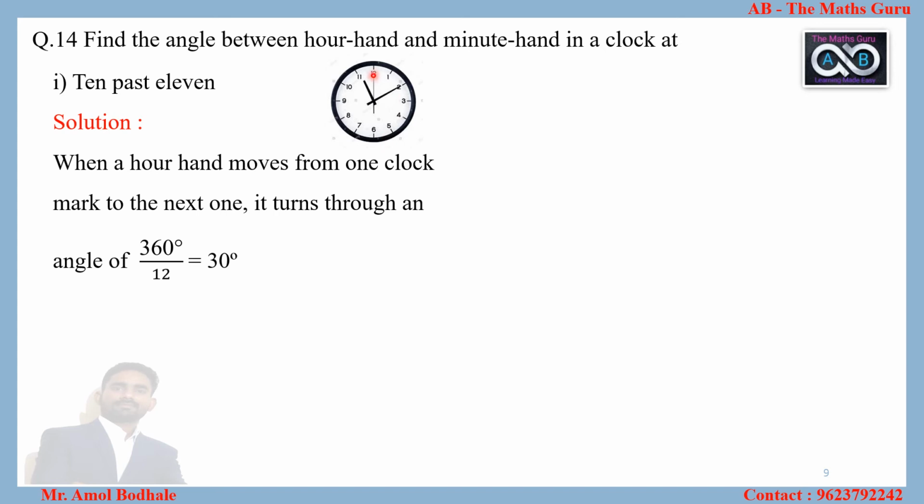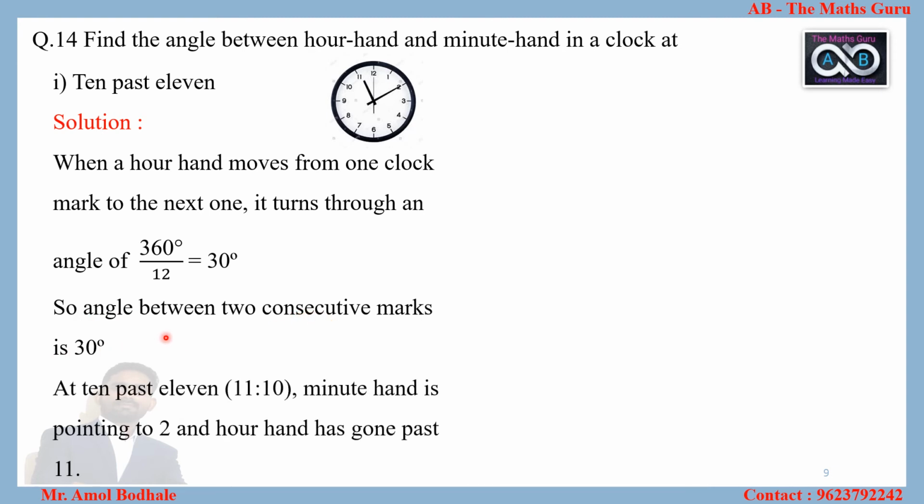So to calculate the angle between any two consecutive marks, we divide 360 degrees by 12 marks. So we get 30. That means the angle between any two consecutive marks is 30 degrees. So when the hour hand moves from one mark to another mark, it turns through 30 degrees.